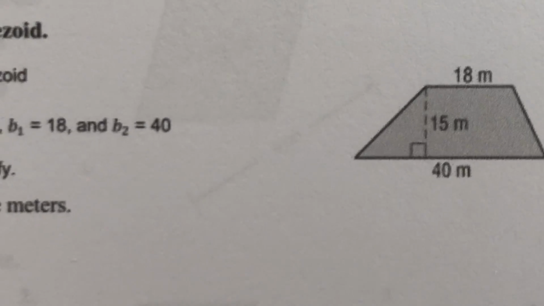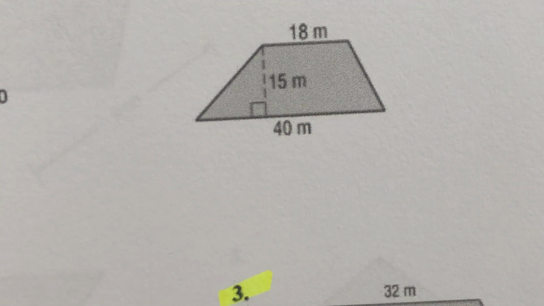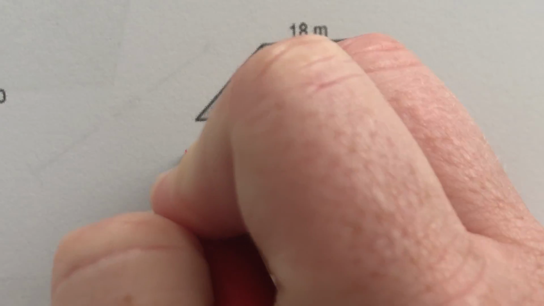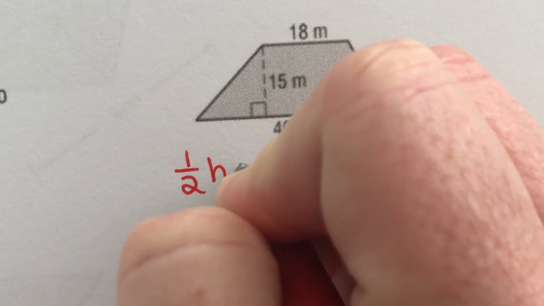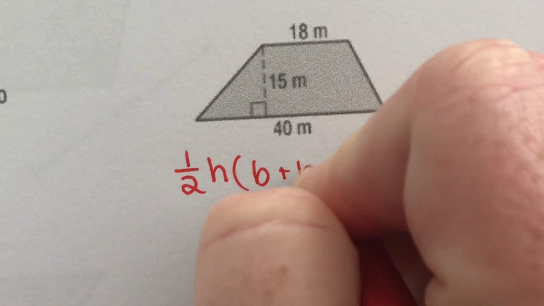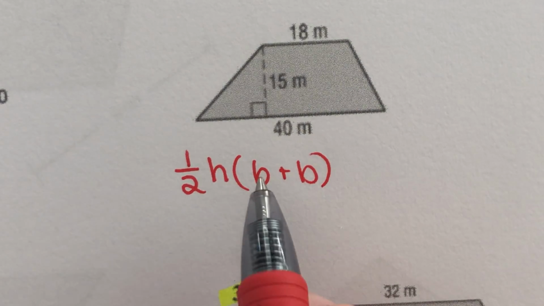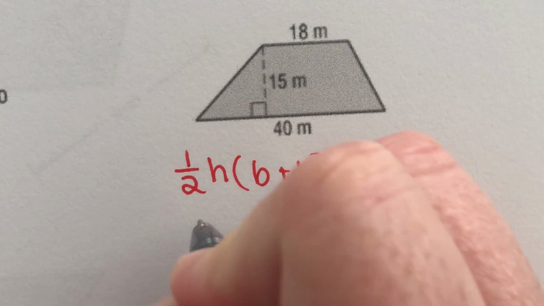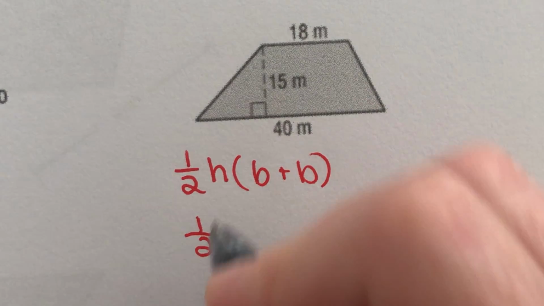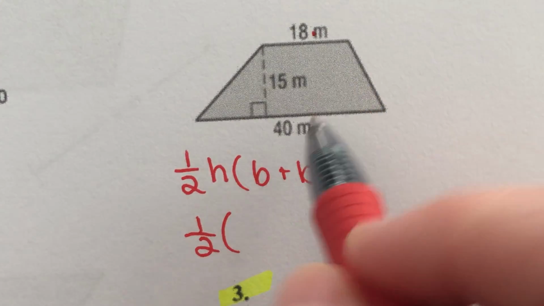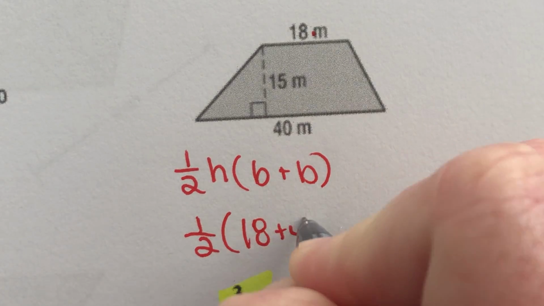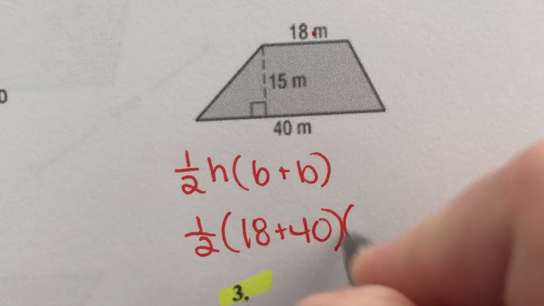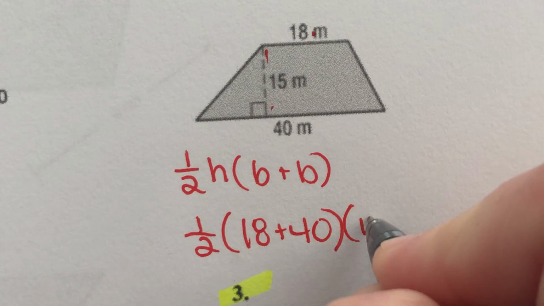They give us this guy. So to set up the area for this, we're going to do 1/2 base times height, and for the bases, we're adding the two together. So it's going to be 1/2, the two bases added together are 18 and 40, 18 plus 40, times the height, which is 15.